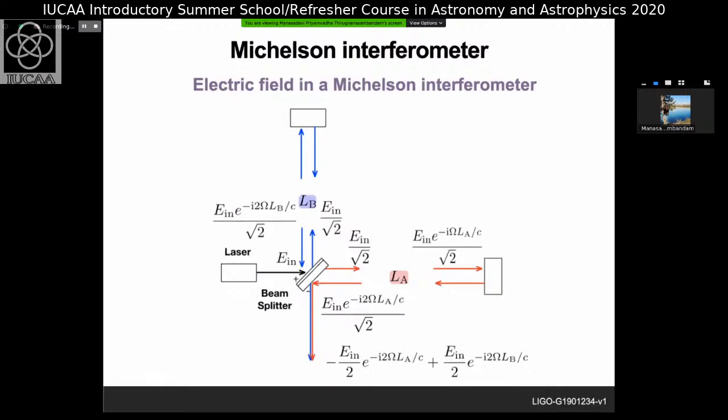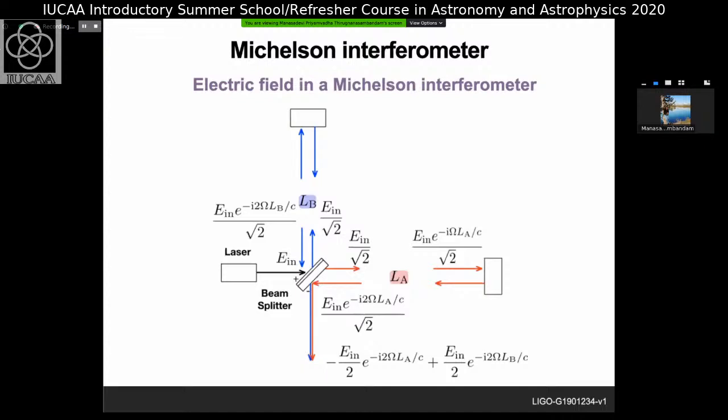And then we work out the math to define the different electric fields in a simple Michelson interferometer. So that's the basic math. You use the same thing to define the electric fields in a Michelson interferometer that has arm lengths L_A and L_B.